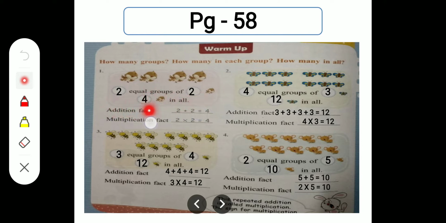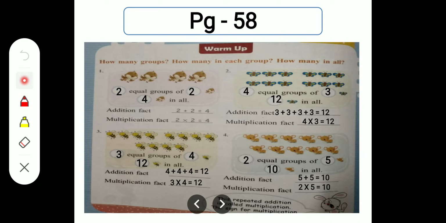So, what is the addition fact? 2 plus 2 is equal to 4. And the multiplication fact is the number of groups, that is 2, into the number of birds in each group, that is again 2. So 2 into 2 is equal to 4.